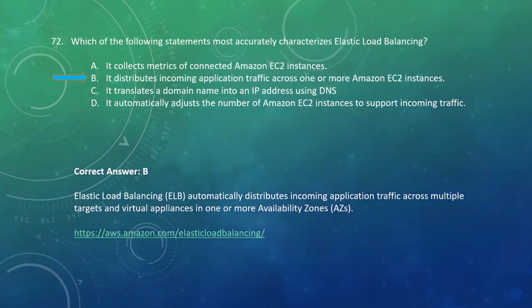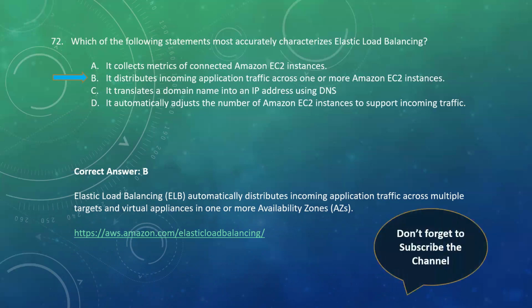Elastic Load Balancing (ELB) automatically distributes incoming application traffic across multiple targets and virtual appliances in one or more availability zones. ELB supports four types of load balancers. You can select the appropriate load balancer based on your application needs. If you need to load balance HTTP requests, you can use the application load balancer, also called ALB.